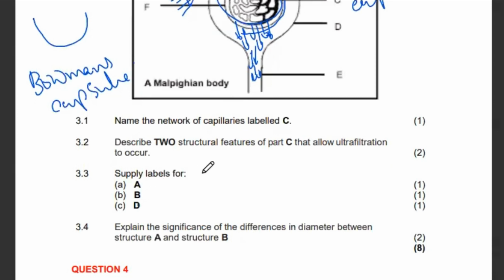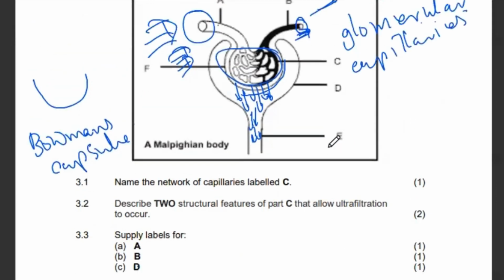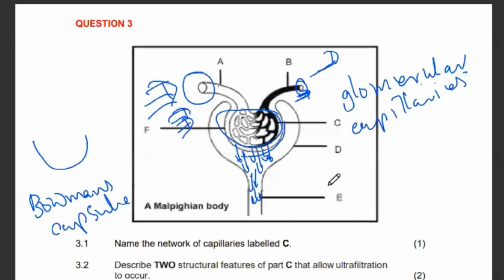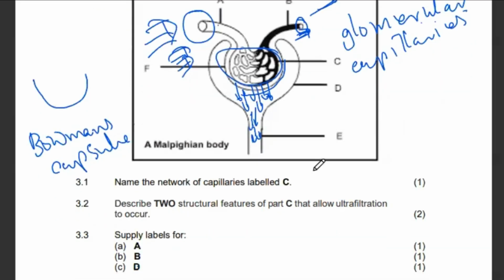Then they are saying, describe two structural features of part C. Where is part C? This glomerulus. It means that I skipped a structure.